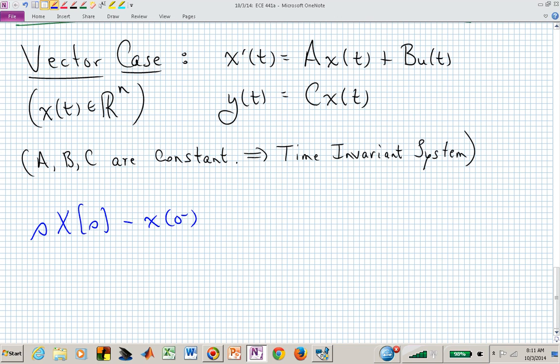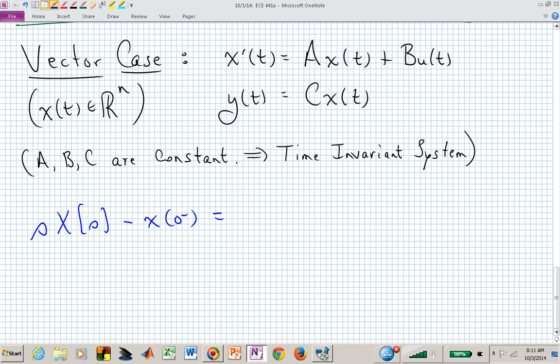The same that is. That's now a vector of initial conditions. You have the initial condition on the first variable or coordinate in that vector. You have the initial condition at time 0 minus for the second and the third and the fourth, depending on how many state variables you have in your system. Those are all organized into that one initial condition vector. So that's just n tall and 1 wide.